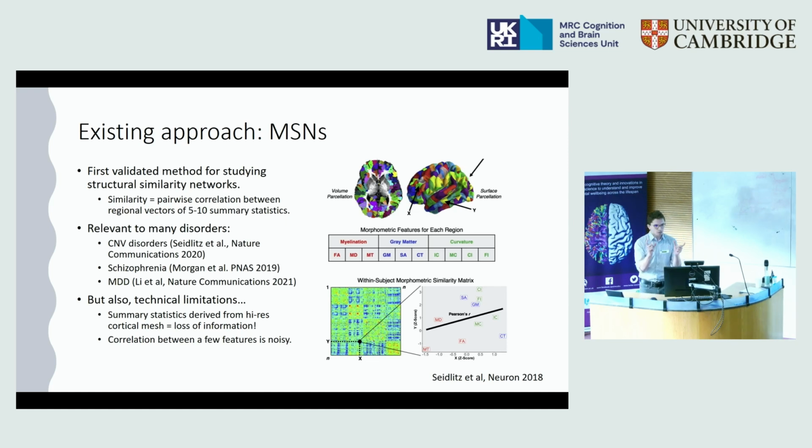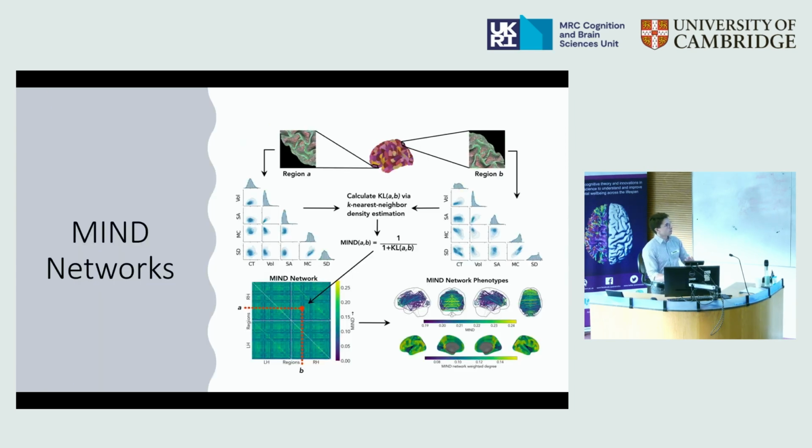And then correlating 5 to 10 numbers is inherently a very noisy estimate of similarity. So what I was interested in doing is coming up with a new method that keeps all of that information and estimates similarity in a much more robust way. That's where the motivation for this project came from, and that's where MIND networks come into play.